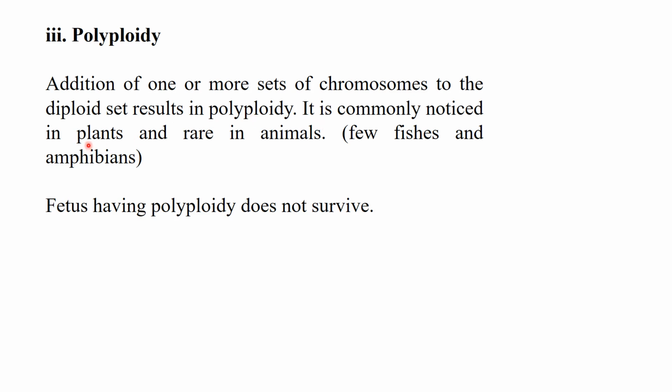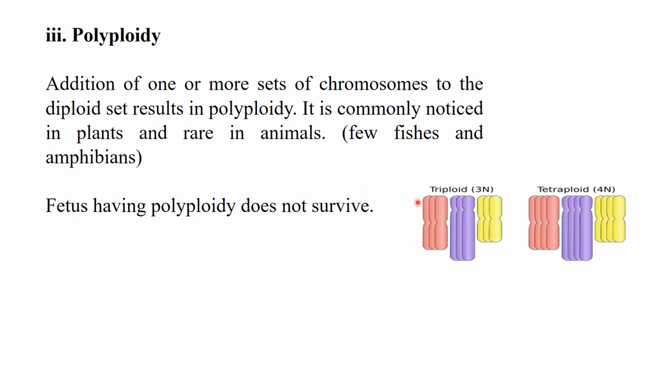It is commonly noticed in plants and rare in animals. A few fishes and amphibians have polyploidy. A fetus with polyploidy does not survive; in humans, a polyploid fetus cannot survive. This condition can only be tolerated by plants.